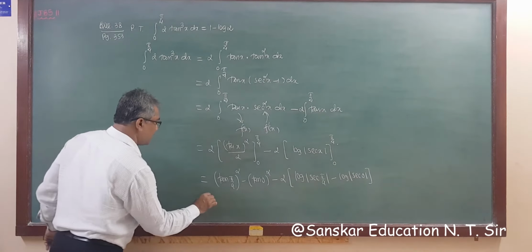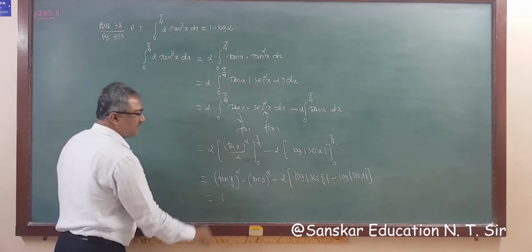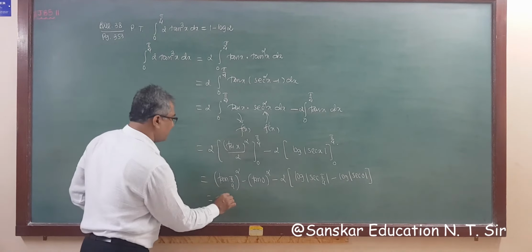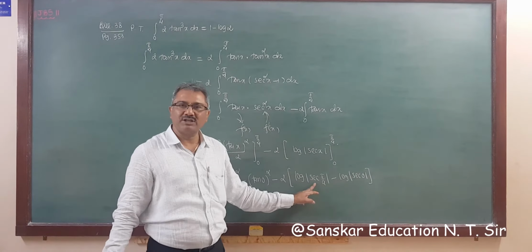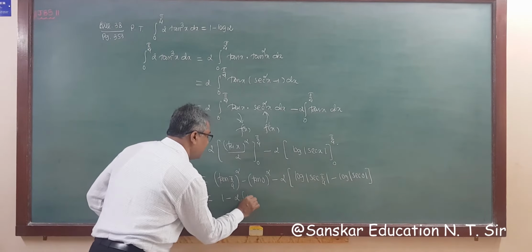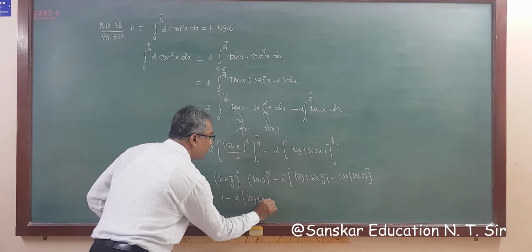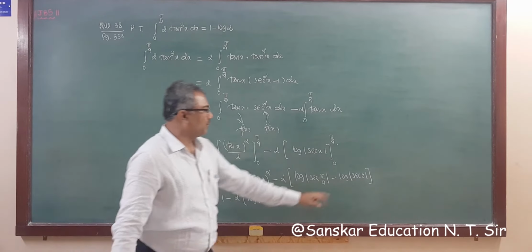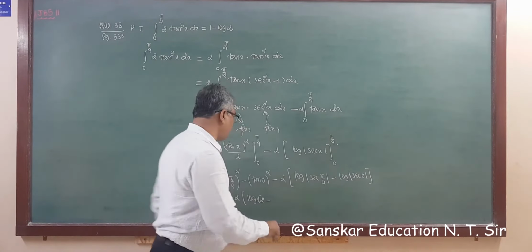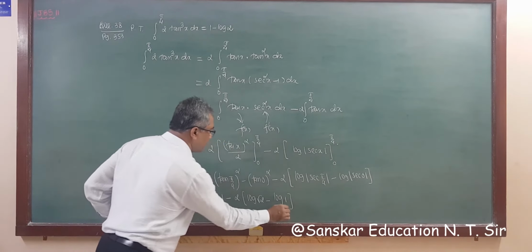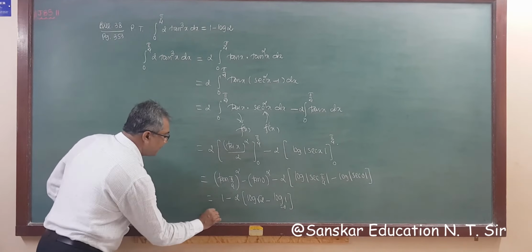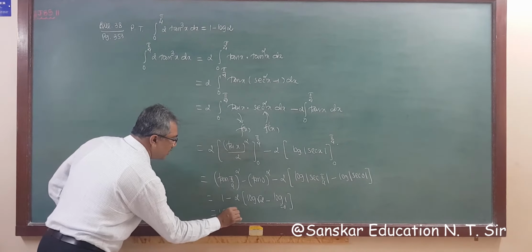So the answer will be tan pi by 4 whole square is 1, tan 0 is 0, minus 2 times log sec pi by 4. Sec pi by 4 is root 2, so log root 2 minus sec 0. Sec 0 is 1, so log 1, and log 1 is 0.